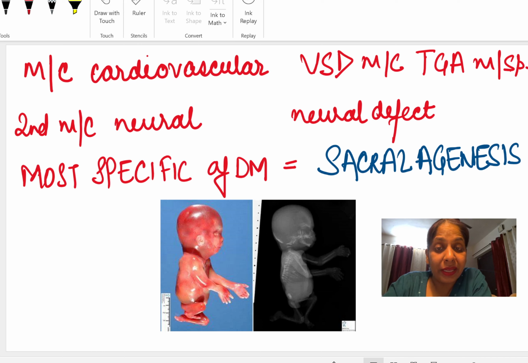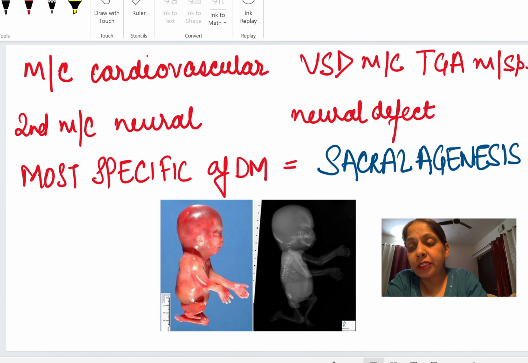The most specific congenital anomaly in the fetus of an overt diabetic mother is sacral agenesis. This picture was once given in NEET PG. As you can see in the x-ray of this newborn, there is no sacrum bone. So this is an image of sacral agenesis.